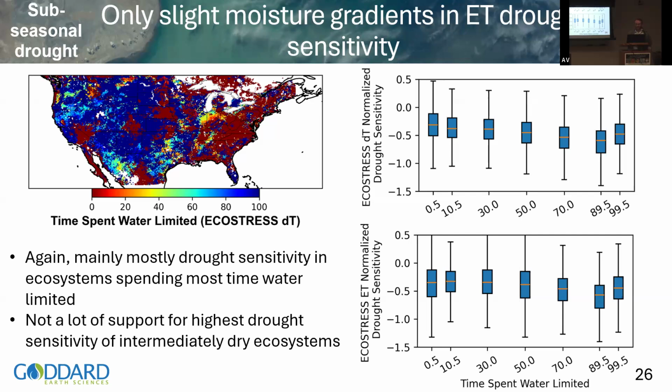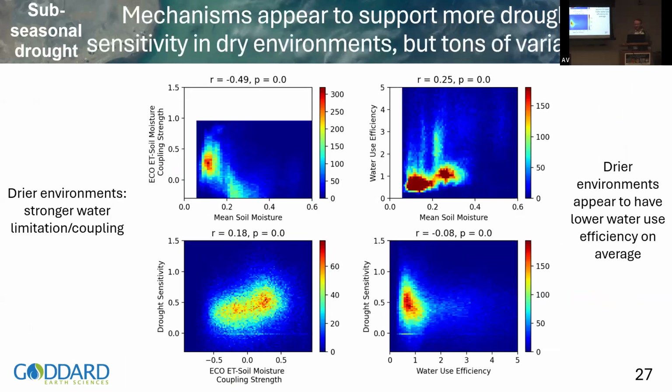So what's going on? We also sidestepped and took a look at some mechanisms and said, hey, what's going on? Should land atmosphere coupling, water use efficiency explain some of this variation? So we saw that, okay, drier environments do have stronger water limitation and land atmosphere coupling. So maybe that could have a bearing on drought sensitivity.